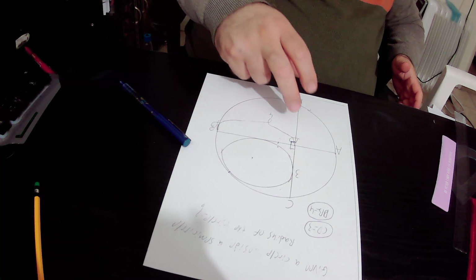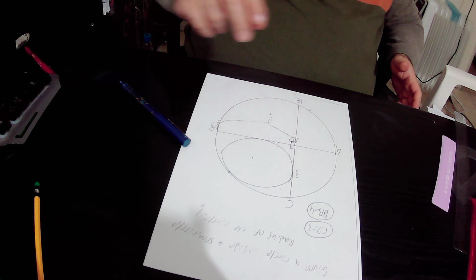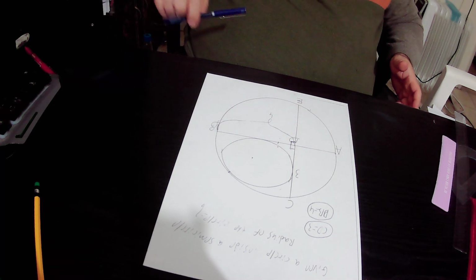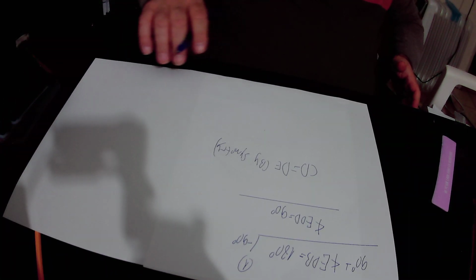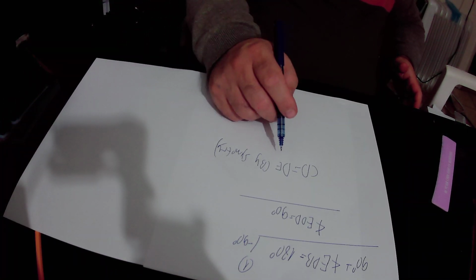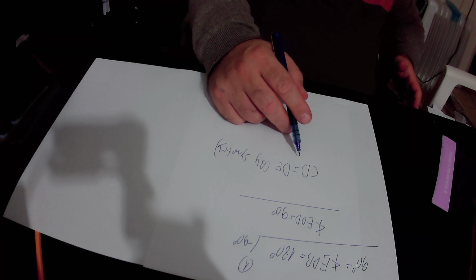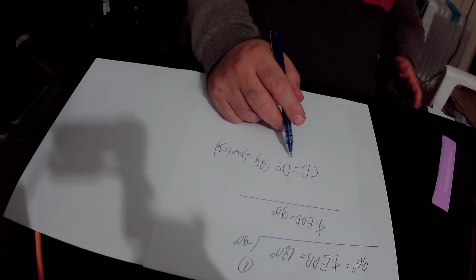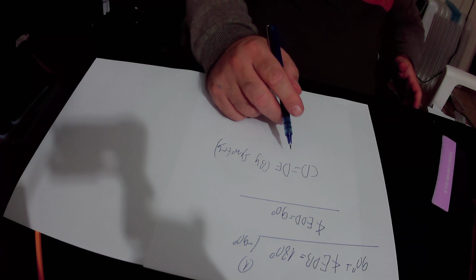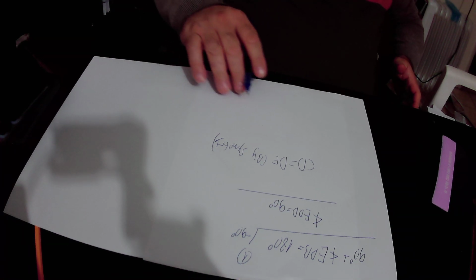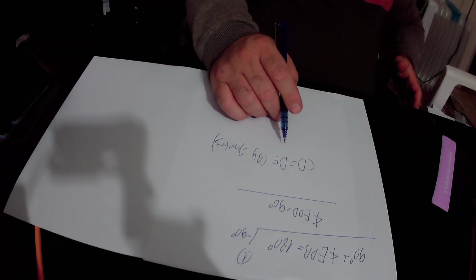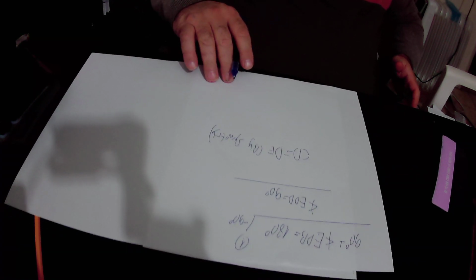But the length didn't change at all. So CD equals DE by symmetry. They are not in the same direction, but their lengths are the same. Okay?